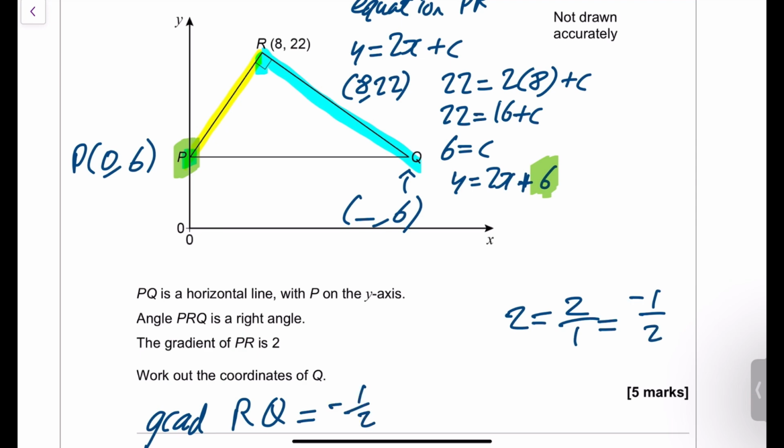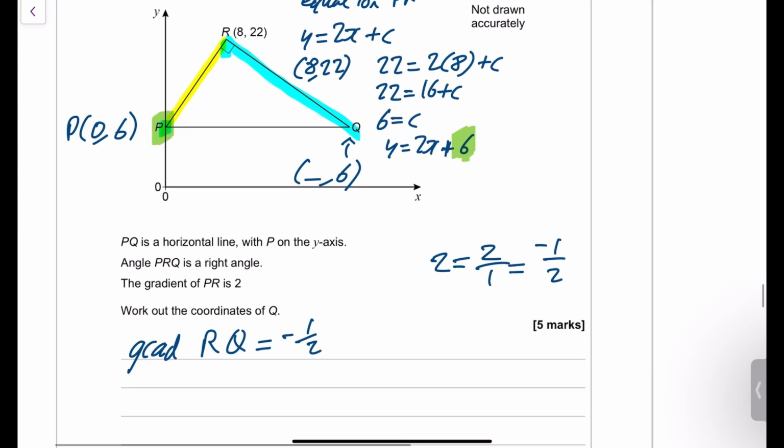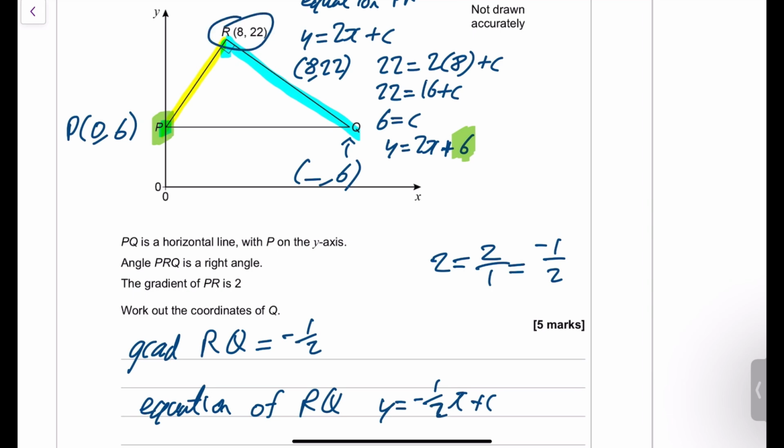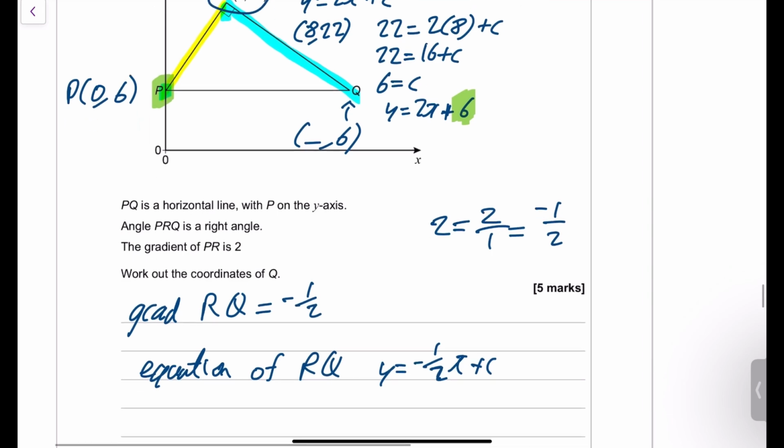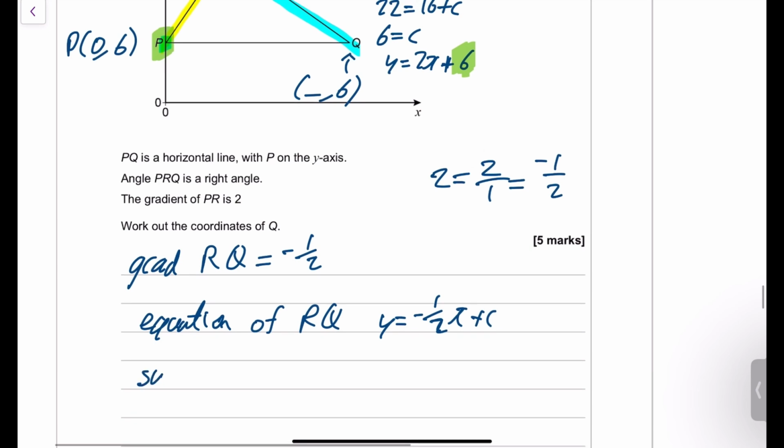Change the sign. So that's your gradient of RQ. We'll find the equation of RQ then. So far it is y is equal to minus a half x plus c. And RQ also goes through the point 8, 22. So we'll sub it in.